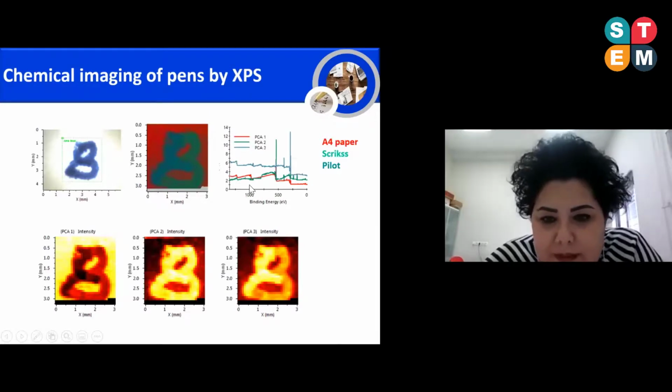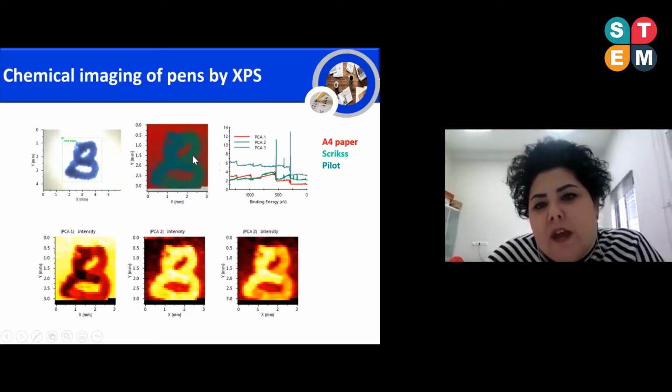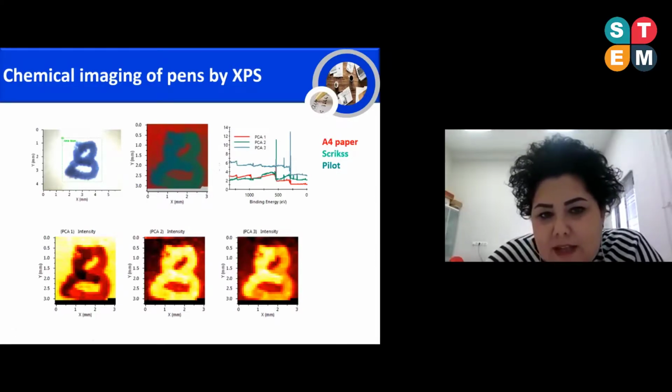Here we see 3 principal components. Red one is the A4 paper, and this greenish one is the pen used with Xray's trademark. And then someone has changed this into 8 with another blue pen, which is a Pilot.